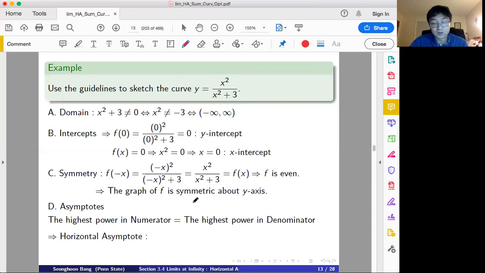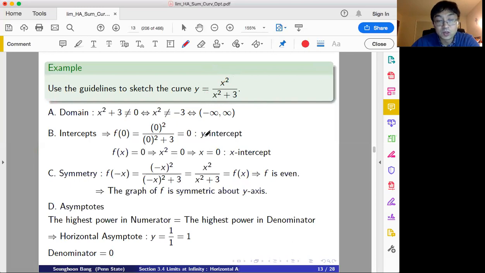Remember, we have the same power, so we take the ratio of coefficients, 1 over 1. Here, the coefficient of x squared is 1 over 1. Yep. Y equals 1. This is a horizontal asymptote.